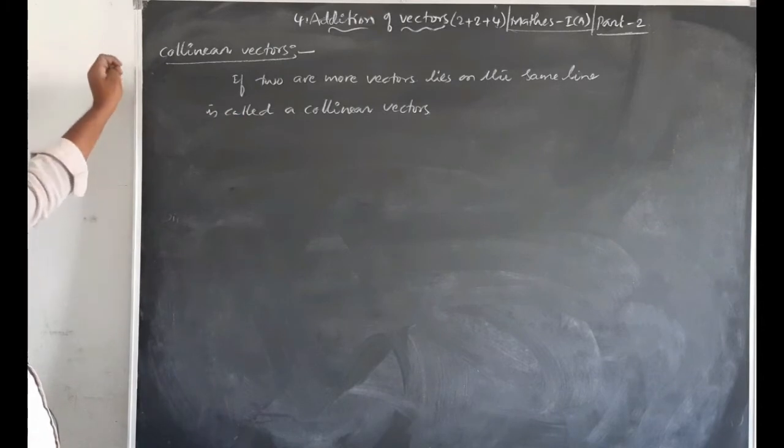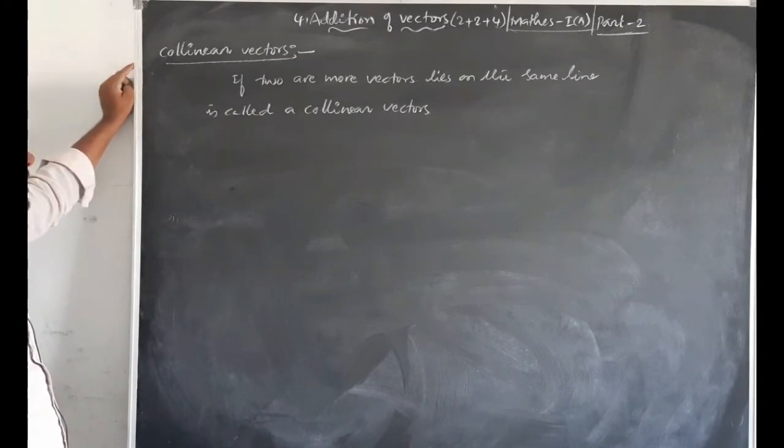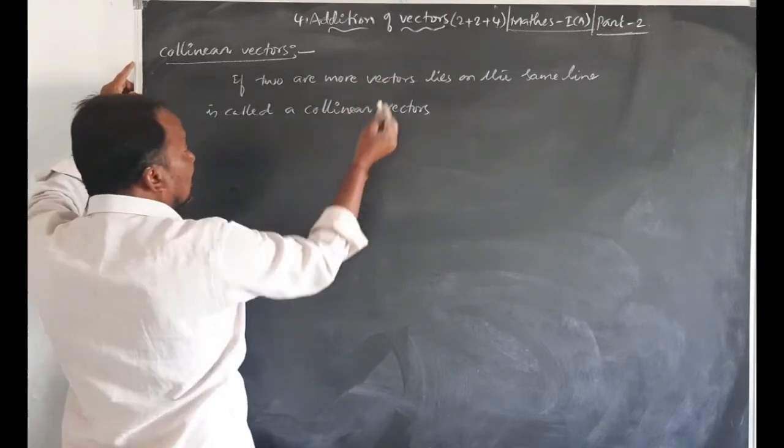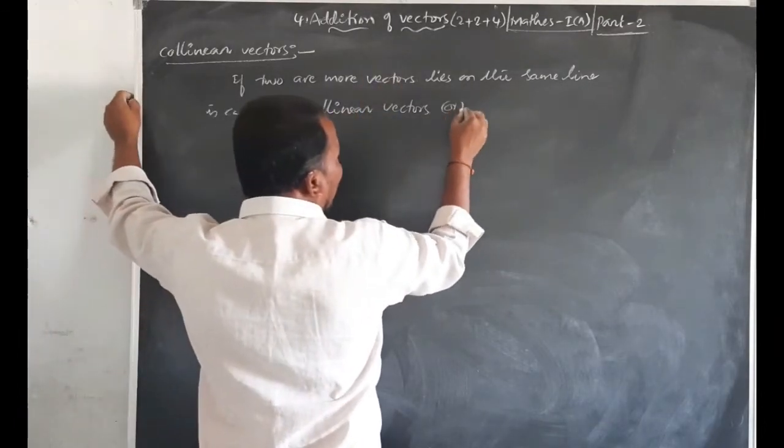Two or more vectors lying on the same line are called collinear vectors. So they are parallel.